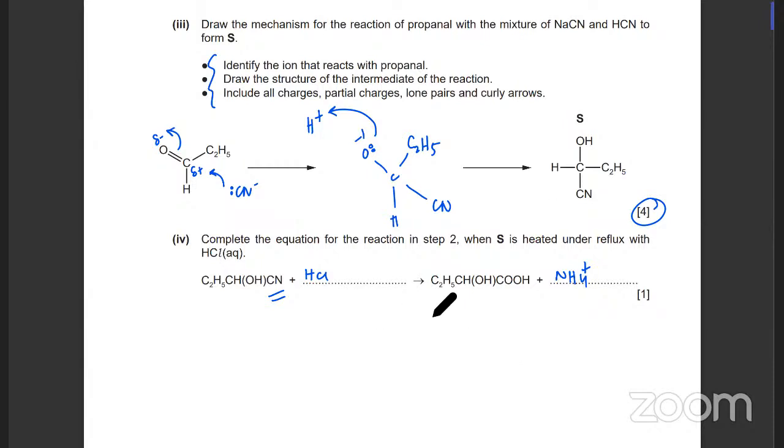To try and balance this, what is hydrolysis? Hydrolysis is a reaction with what? Like how is it that you've got CN and all of a sudden you have COOH? Where are all the oxygens and hydrogens coming from?